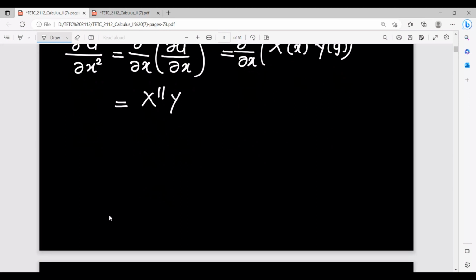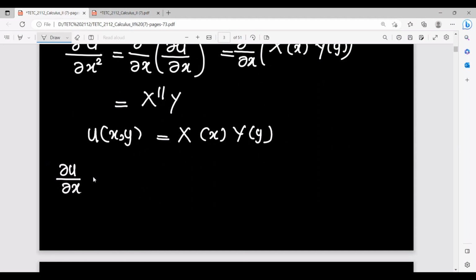Similarly, I will just summarize all the terms. If we are assuming u of x, y as a product of capital X of x and capital Y of y, then we can use these terms. The partial derivative of u with respect to x is X'Y, and the partial derivative of u with respect to y is XY'.